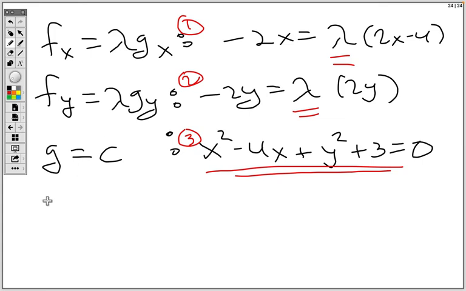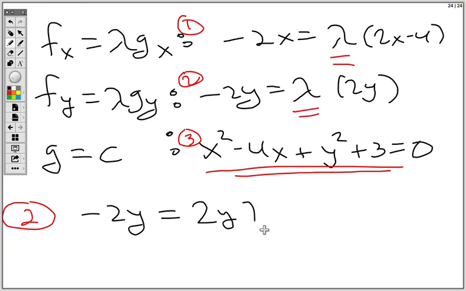So if we start with 2, and once again, we have substitution and elimination, those are the tools we have here. In equation 2, I've got minus 2y is 2y lambda. Now, it might be tempting, and you still could do this, what could you do to both sides?